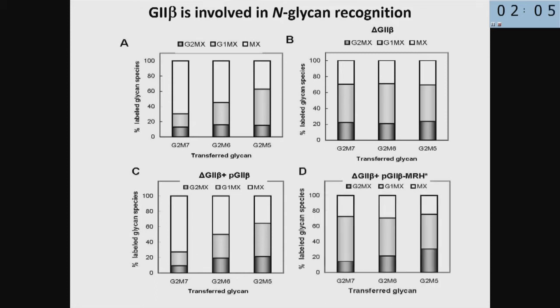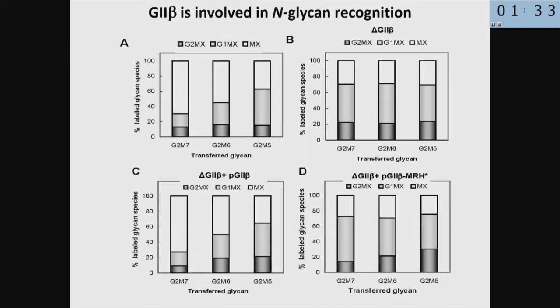And finally, if we express a beta subunit with a mutation in the MRH domain, we again find this phenotype. So this shows that the MRH domain influences the activity of glucosidase 2, and as the mannose content decreases, the activity decreases also.